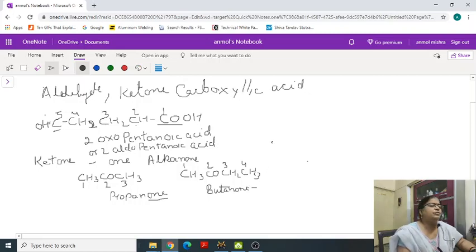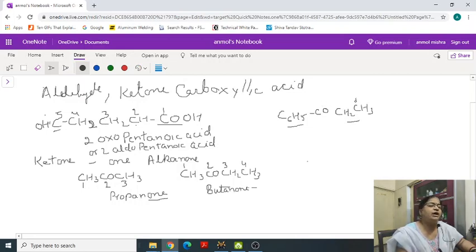Now one more example we can take, C6H5 CO CH2 CH3. Now on one side the phenyl group is there and on the second side the ethyl group is there. So we will number it from this side.